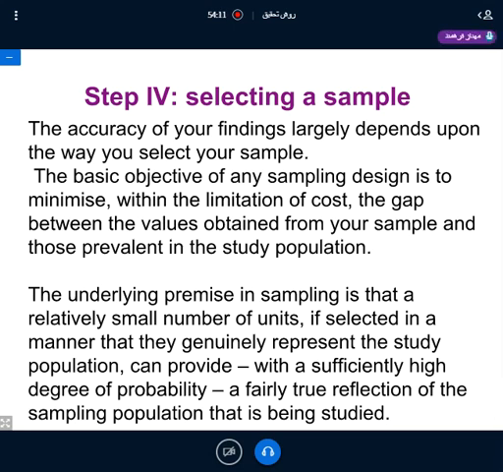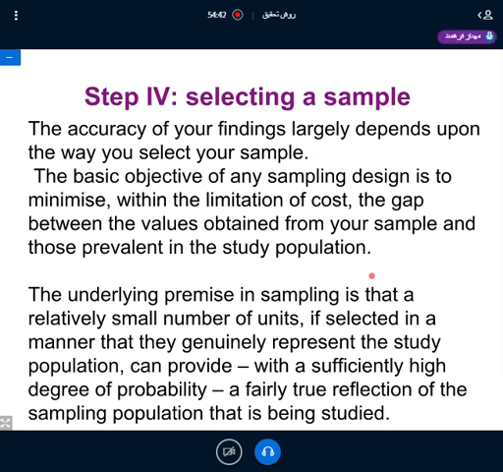selecting a sample. The accuracy of your finding largely depends upon the way you select your sample. The basic objective of any sampling design is to minimize, within the limitation of cost, the gap between the values obtained from your sample and those prevalent in the study population.